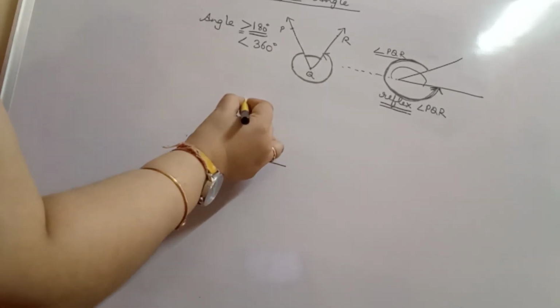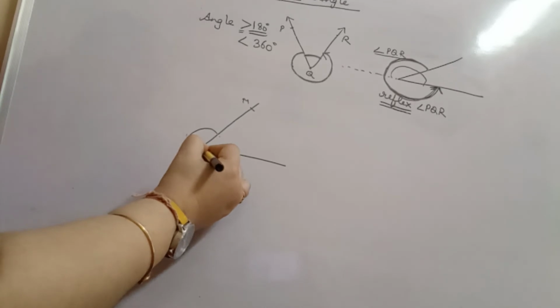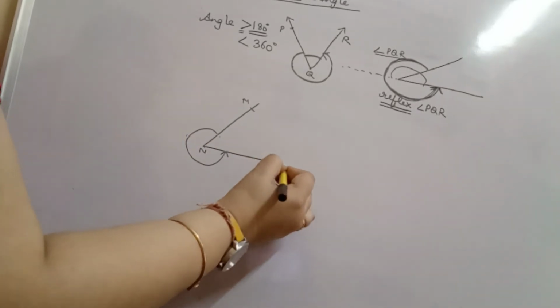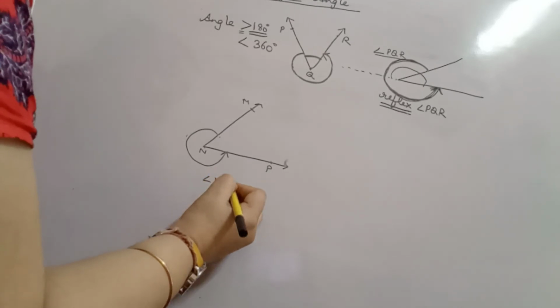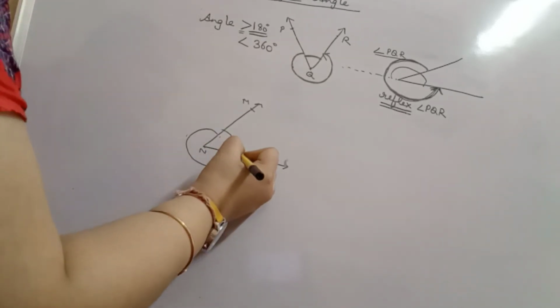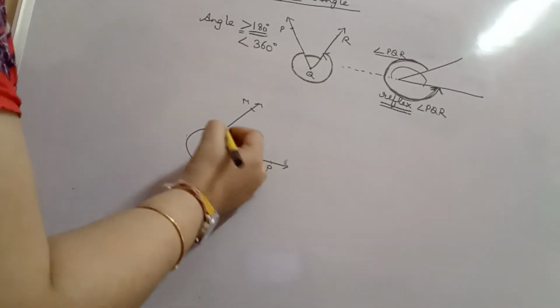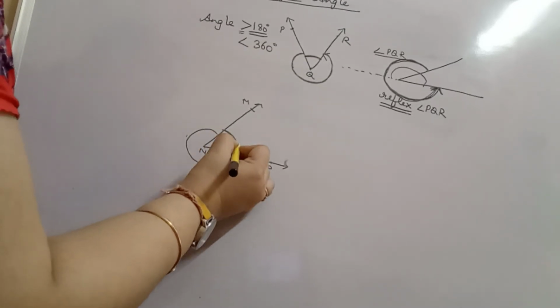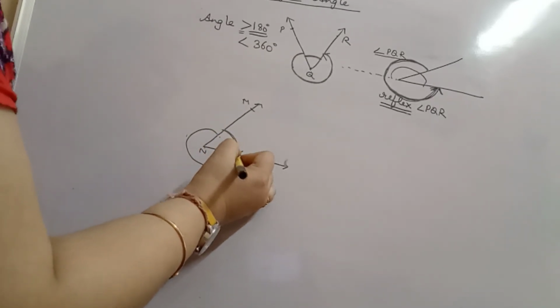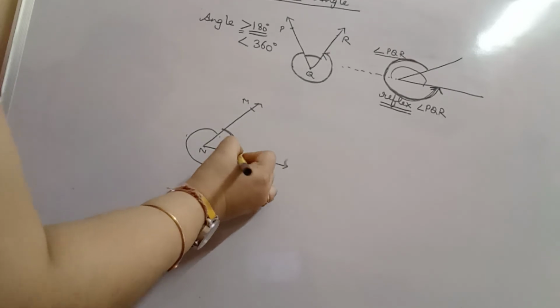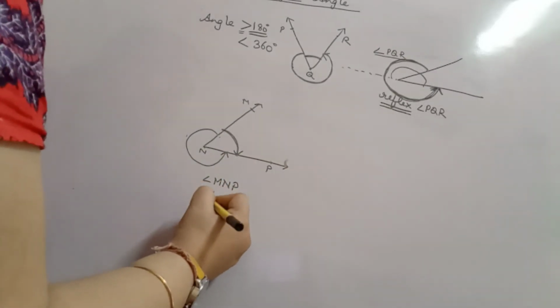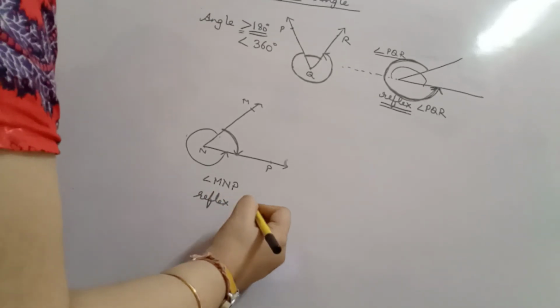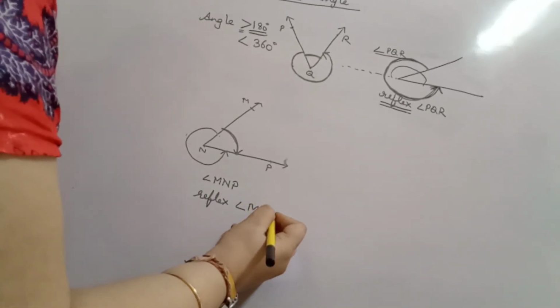So M, N, P. So one angle is angle MNP, which is simple angle less than 90 degree. Its marking would be like this, starting from MN going till NP. So this is like MNP, and other angle is reflex angle MNP.